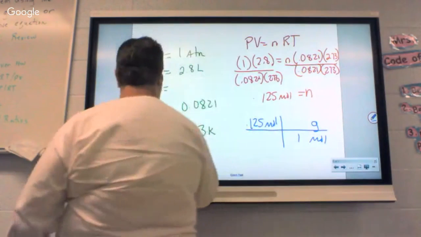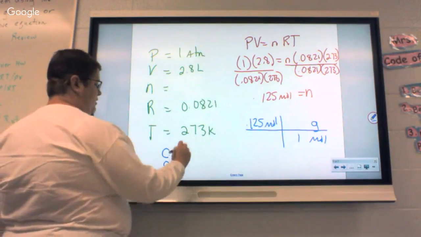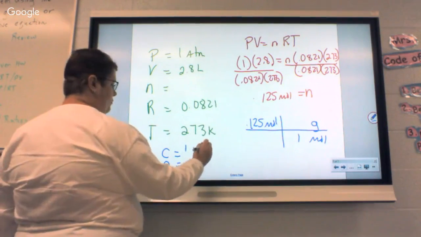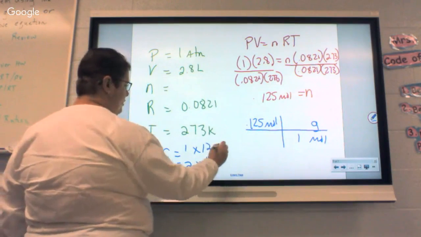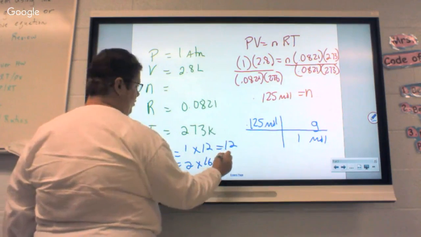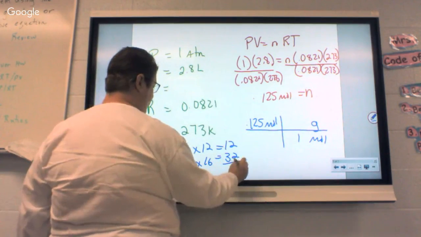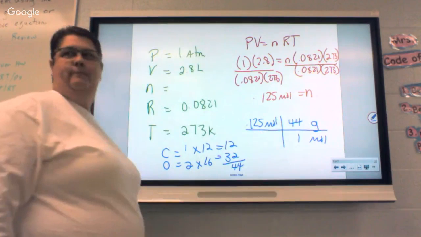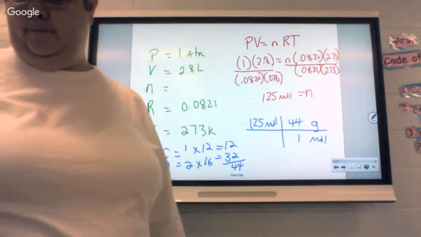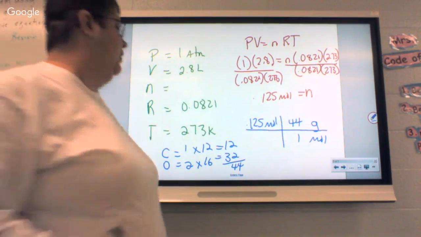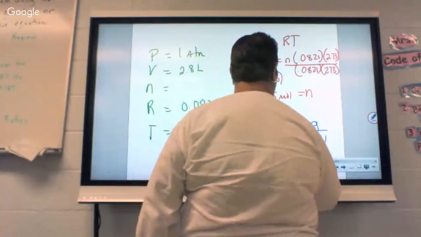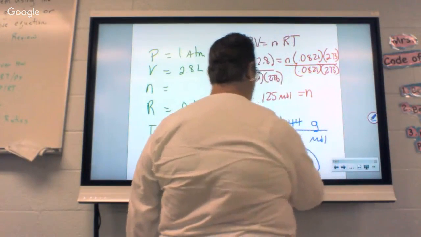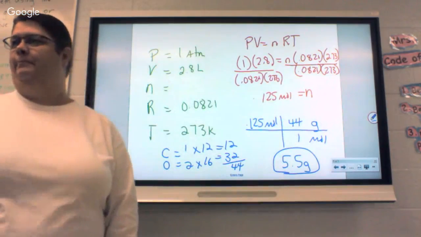So off to the side, we've got 1 C, 2 O's, times 12, times 16. We get 12, we get 32, for a total of 44. Now we're going to put 44 there. So you get 5.5. Like that.